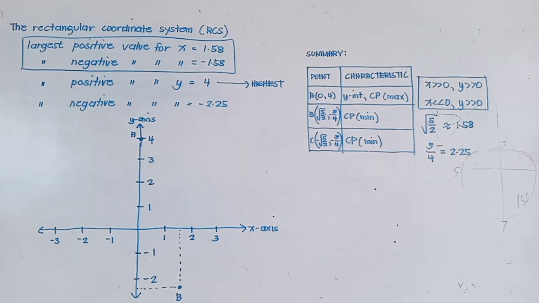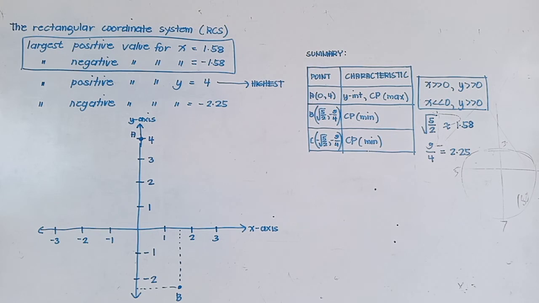Okay, I have plotted the 3 points in red, the easiest among which is of course A, which is a y-intercept. So as you can see, at point A, the graph of the function will cross the y-axis. That's why it's called the y-intercept. Then point B, right there, is just a minimum point, and obviously it's going to be minimum because it is located at the bottom of our coordinate system.